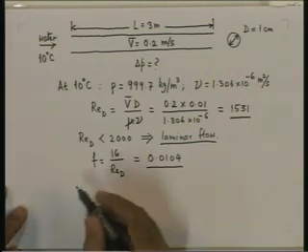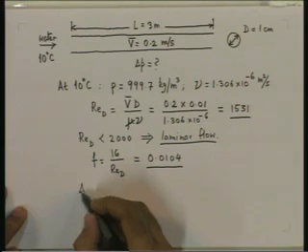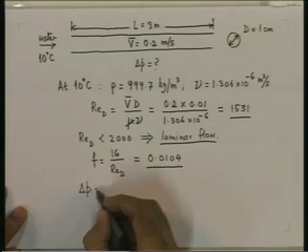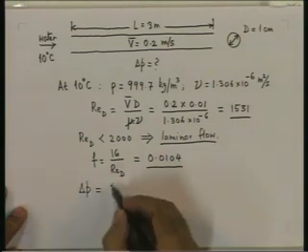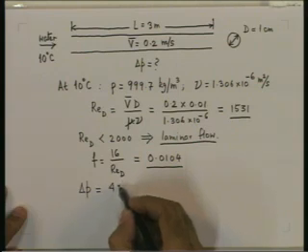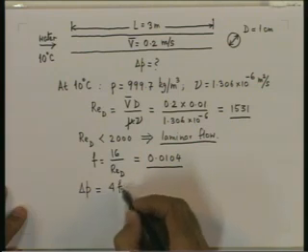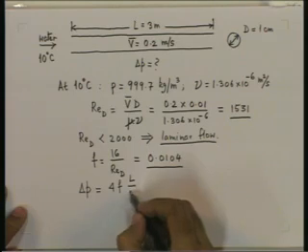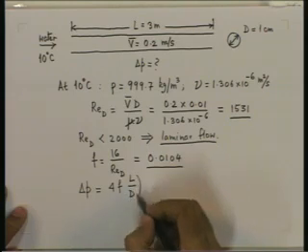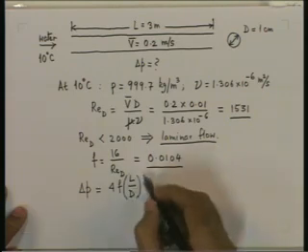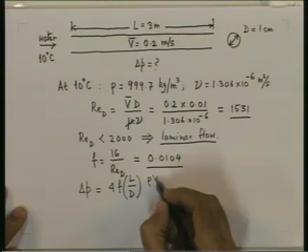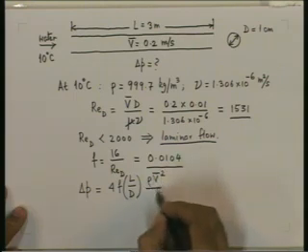And the pressure drop is now calculated as delta P equal to 4f L by D into rho V bar squared by 2.